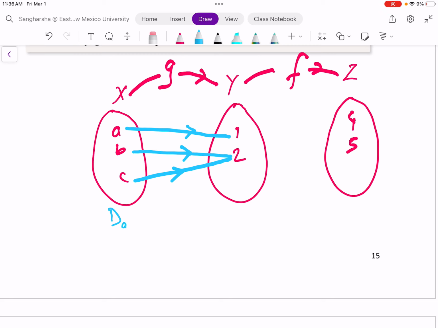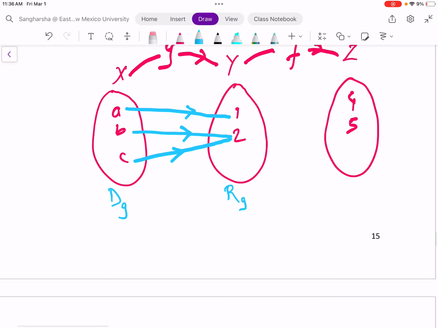And what about set Y? Set Y is the range for function g. Your input is A, B, C. You input A, you get output 1. You input B, you get output 2. So 1, 2 are the range and A, B, C are the domain for function g.